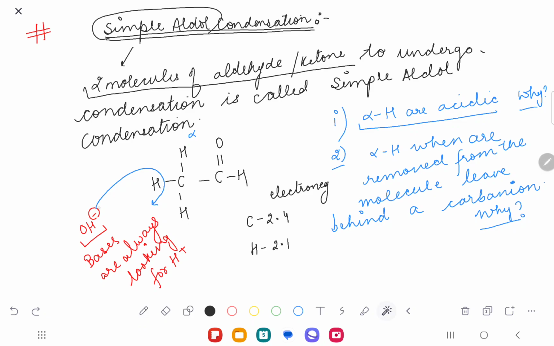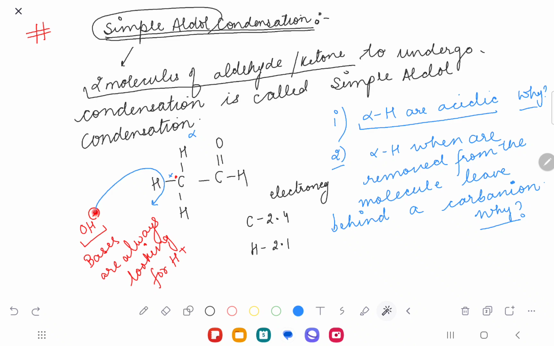So this OH negative is going to pull H plus, because both the electrons will remain with carbon: one from carbon, and the blue electron from the hydrogen in the bond will also be with carbon.